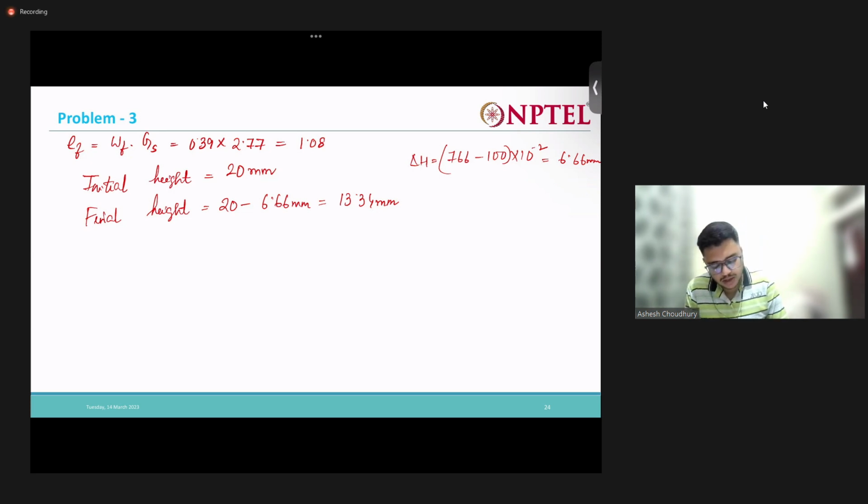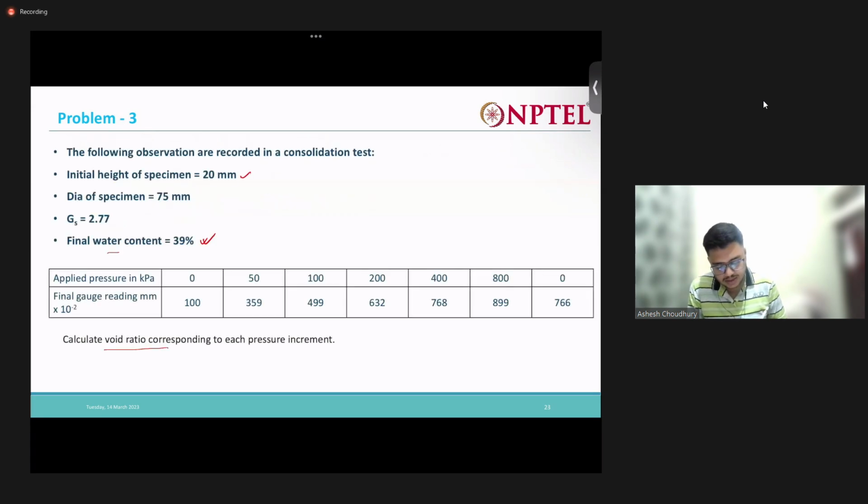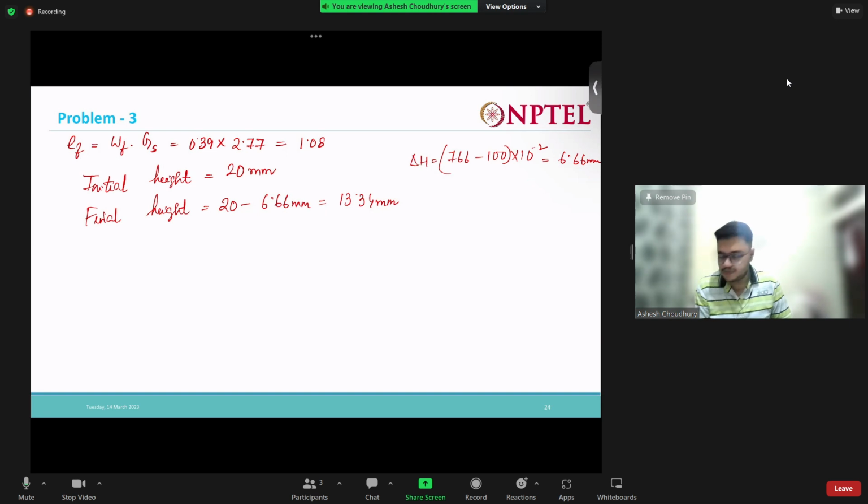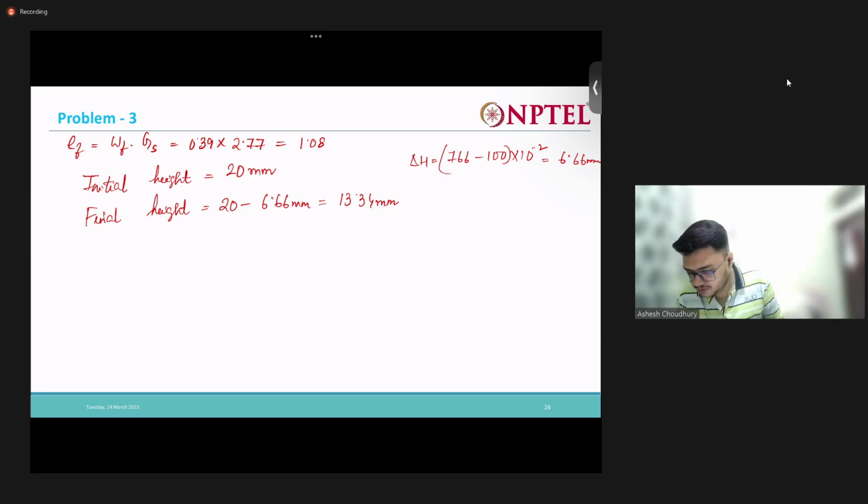And the change, how did we find out? Initially 100 was the gauge reading, finally it was 766. So we found the change in thickness from the start to the end of the test, and we deducted that from the initial height to get the final height, right? So this is my H final.